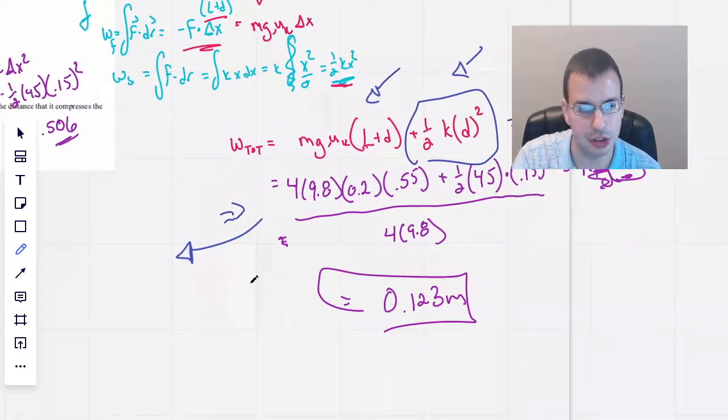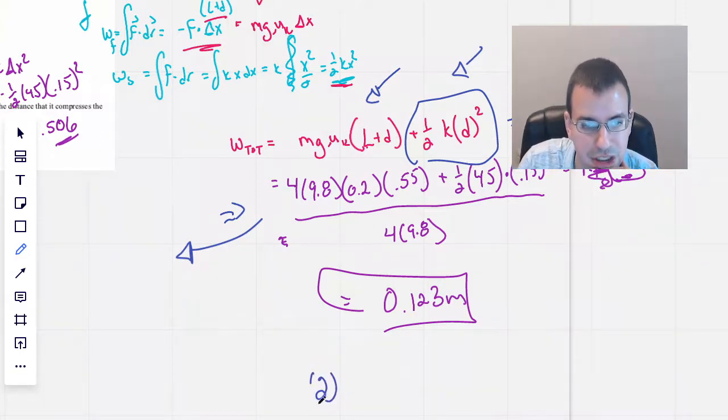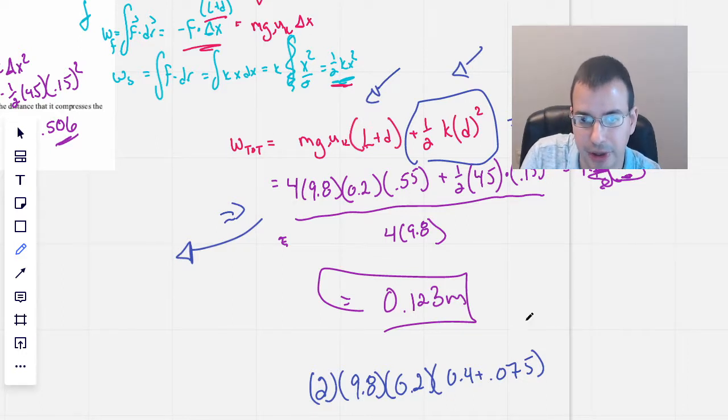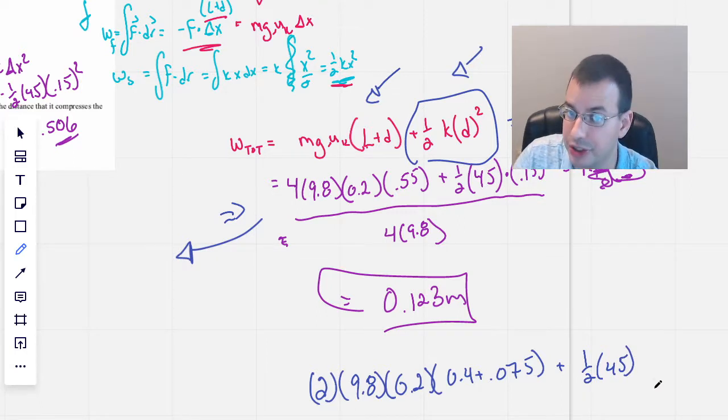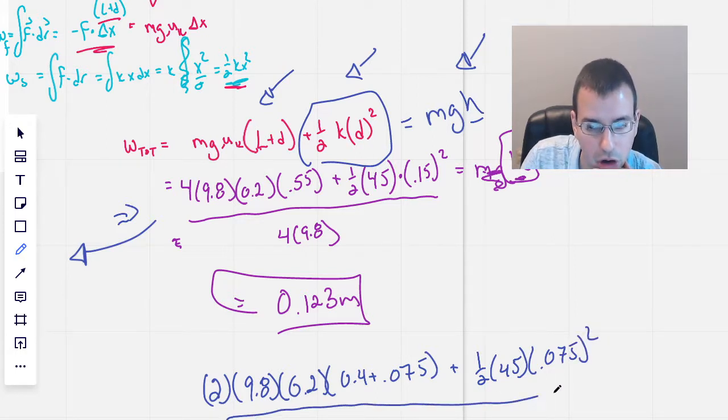So we're going to say 2, because this is the new mass, times 9.8 times 0.2 times, and this will be 0.4 plus 0.075, because this is really L plus D, plus 1/2 times 45, because it's the same spring, so it'll be the same spring constant, times 0.075 quantity squared, all over 2, because that's our new mass, times 9.8.